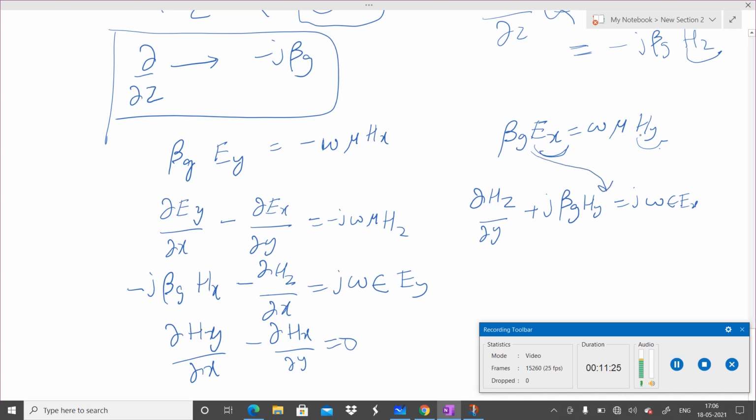So you will substitute hy equal to beta g divided by omega mu ex here. Then hz is known to you, and you will get an equation in terms of ex. You have to differentiate hz, which is given to you, with respect to y, and you will get ex. Then from this equation you will get hy.